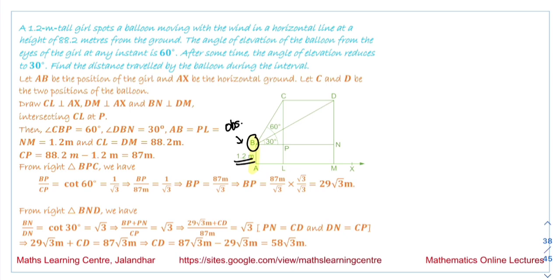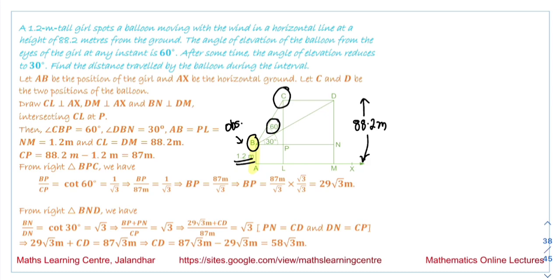The height of the girl is given to be 1.2 meters, and she observes a balloon moving with the wind at a horizontal line at a height of 88.2 meters. The angle of elevation of the balloon from the eyes of the girl at any instant is 60 degree. We are saying the angle of elevation is 60 degree over here. This is when it is at the point C.